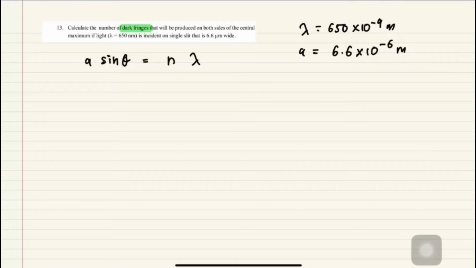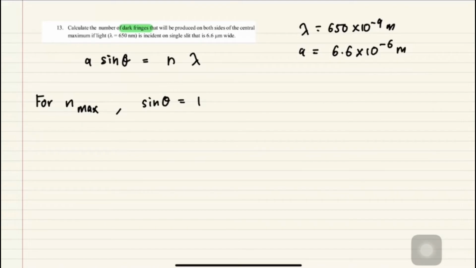Okay, lambda is 650, and then a is 6.6 times 10 negative 6 meter. Okay, for n max, theta dia sama dengan berapa? Ataupun sin theta tu sama dengan berapa? 90. Yes, theta is equals to 90, so that sin theta is equals to 1.